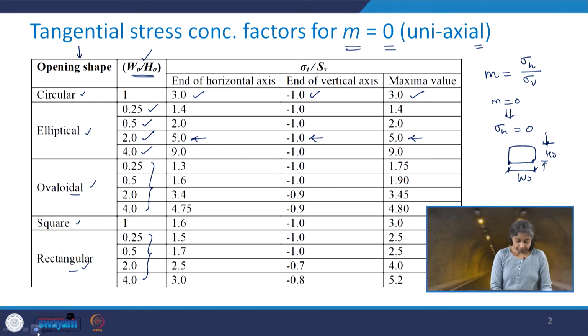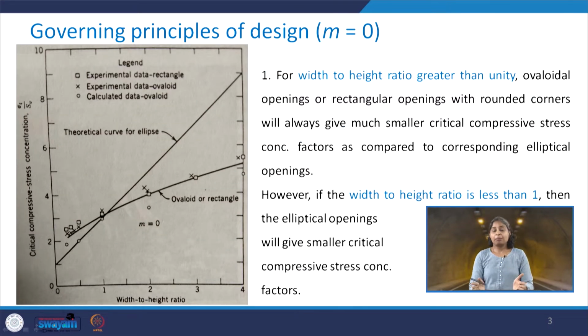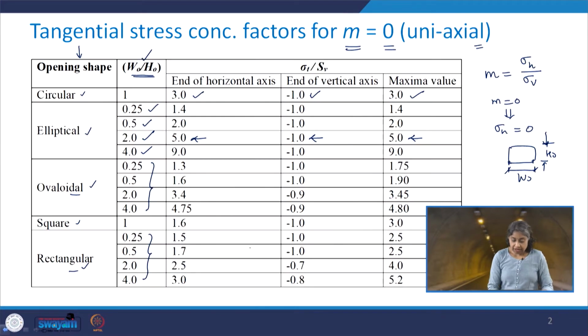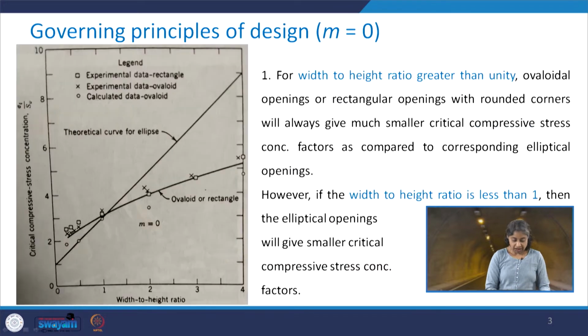Now, based upon these values, for elliptical, ovaloidal and rectangular shape where W naught by H naught is varying, corresponding to this I have the maxima value of the stress concentration. This is what we have plotted here.